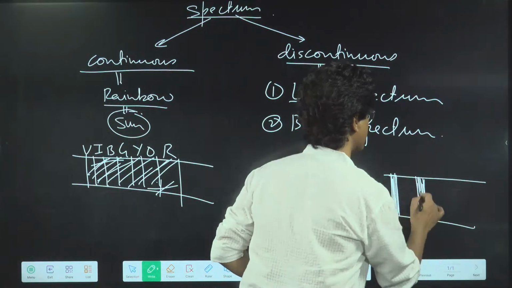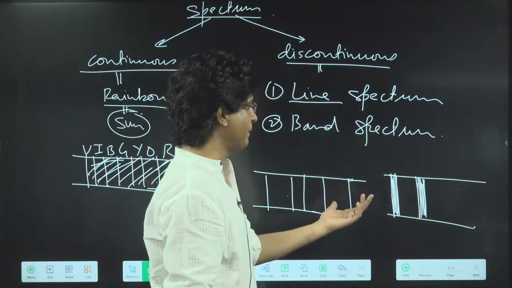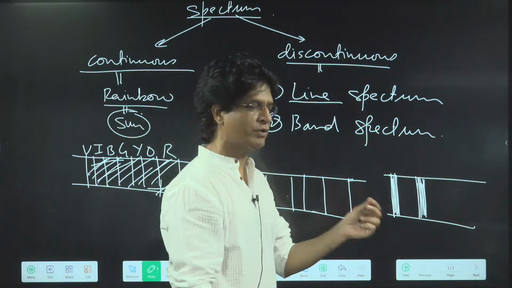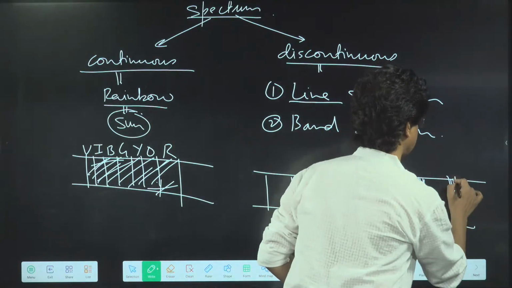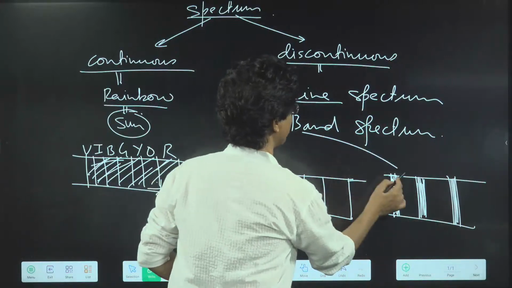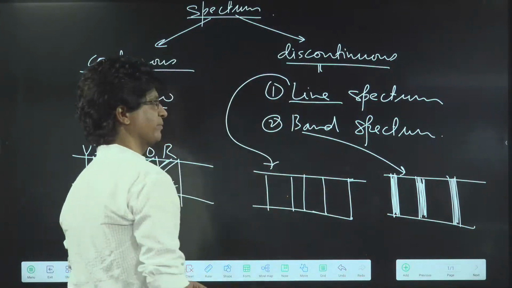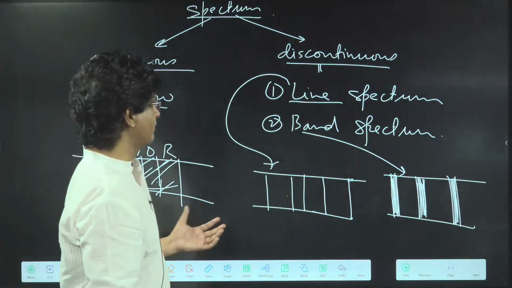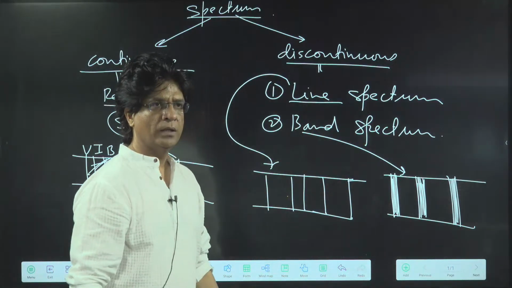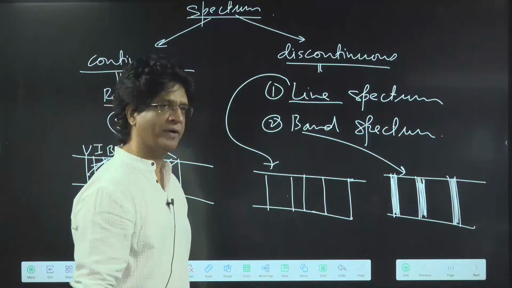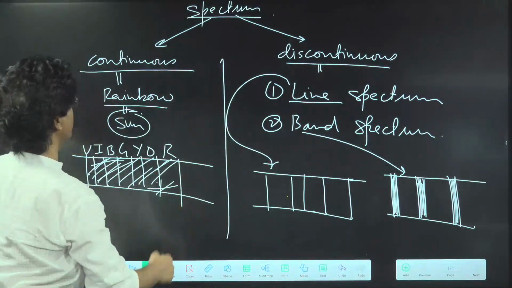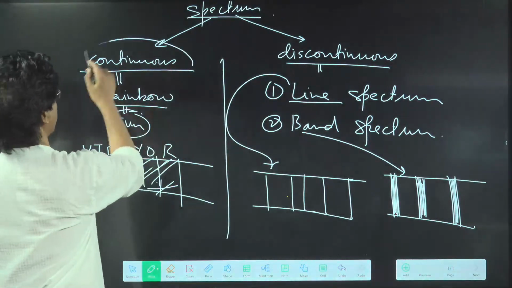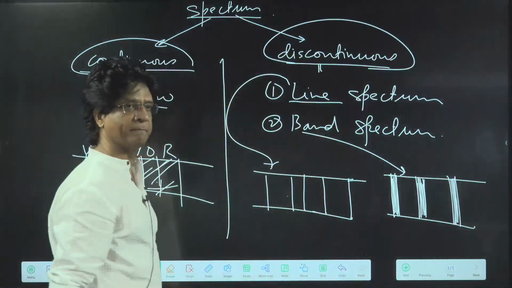You will not be able to distinguish these from far. You will need a microscope to distinguish the space between the lines. They are called fingerprints of the atoms and molecules, which I'll discuss in a short while. So this is basically a broad division of spectrum into continuous spectrum and discontinuous spectrum.